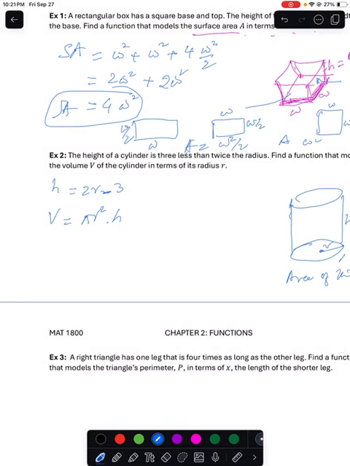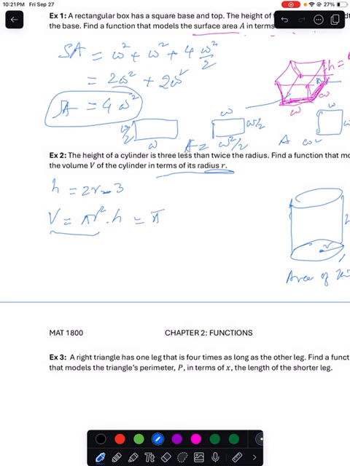Since it says find the volume V in terms of its radius only, and here we have found the volume in terms of the radius and height, we have to get rid of this h. So we use the information that is given to us and plug it in.